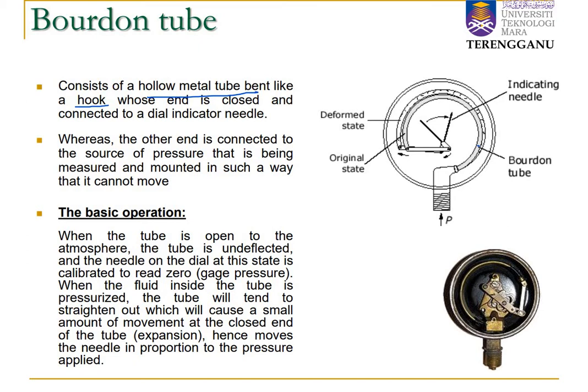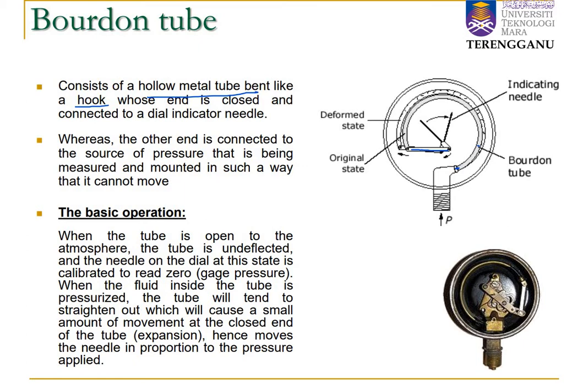This hook has its end closed and connected to a dial indicator needle, whereas the other end is connected to the source of pressure that is being measured and mounted in such a way that it cannot move.